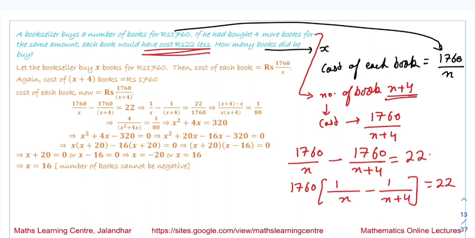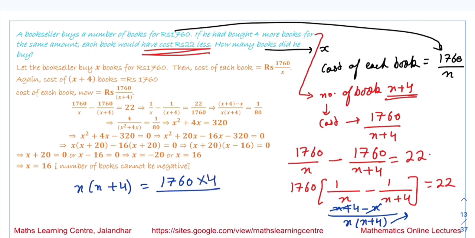Now if we take the LCM over here, it is x into x plus 4. This is x plus 4 minus x. So what we get is x into x plus 4 is equal to, we have sent this term to this side, 1760 into 4 upon 22.